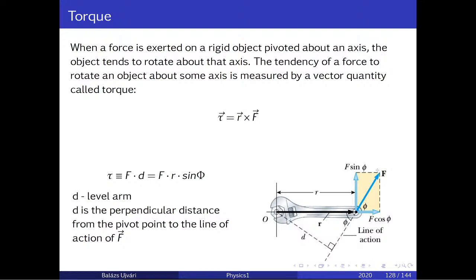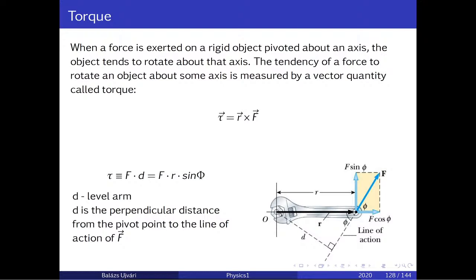This dashed line is the line of action, so technically you just extend the vector of the force in any direction and measure the perpendicular distance between this line of action and the rotation axis, and this is the lever arm. If the lever arm is non-zero, the torque is a non-zero number. That means the body tends to rotate around that axis.